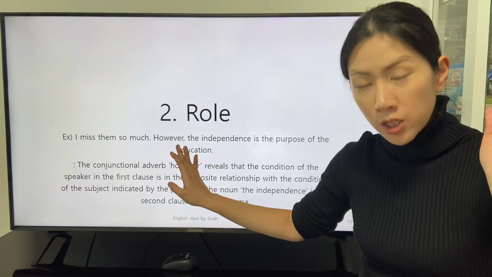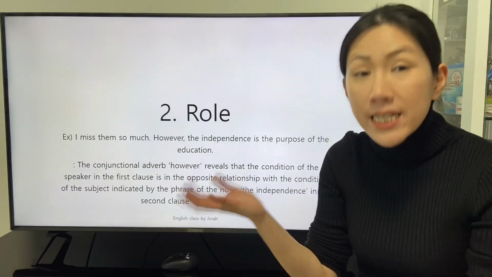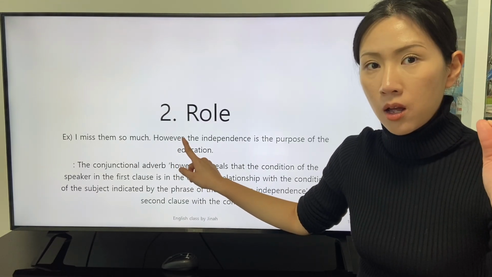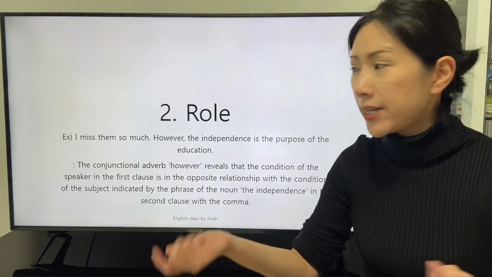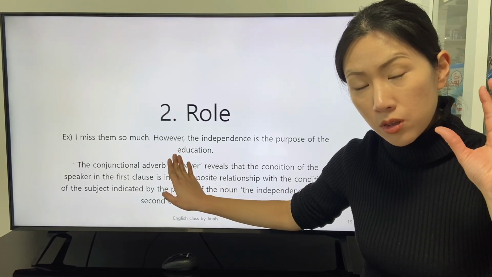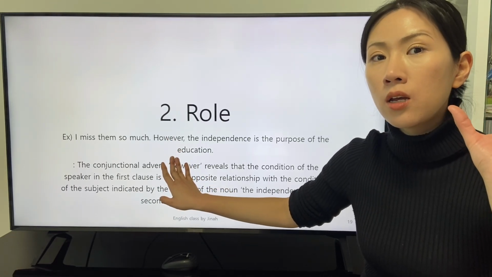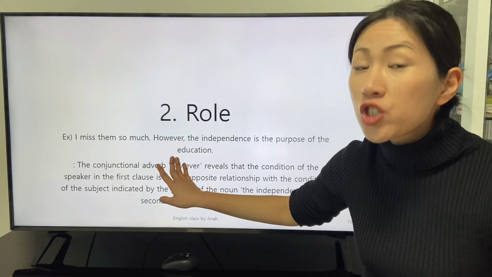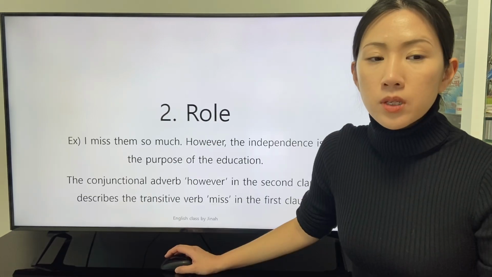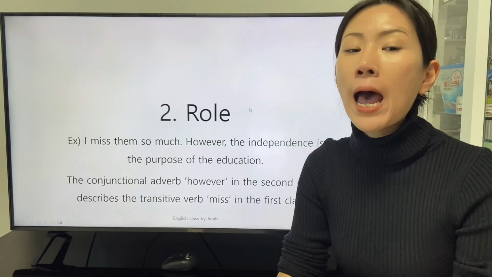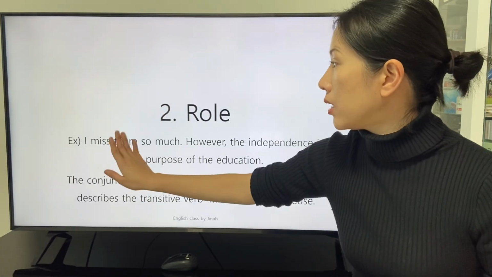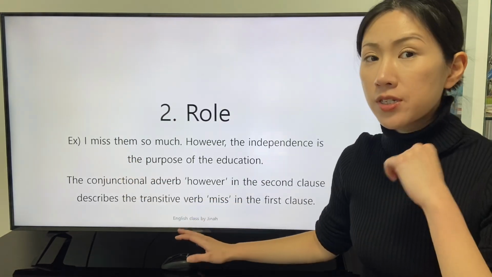The conjunctional adverb is signified by the comma to notify that this word is applied as a conjunctional adverb. The conjunctional adverb, however, in the second clause describes the transitive verb miss in the first clause.